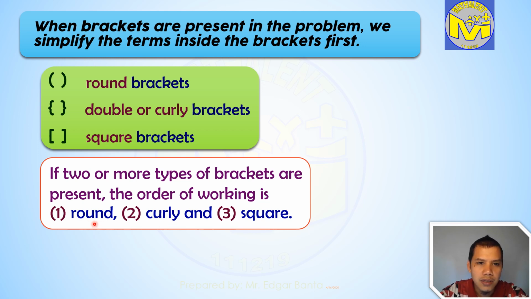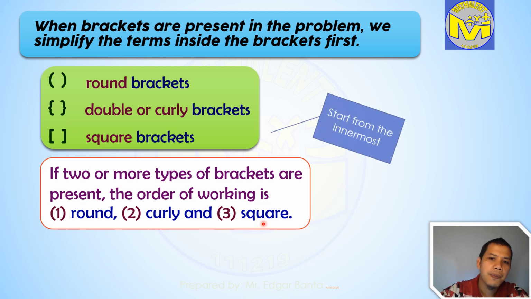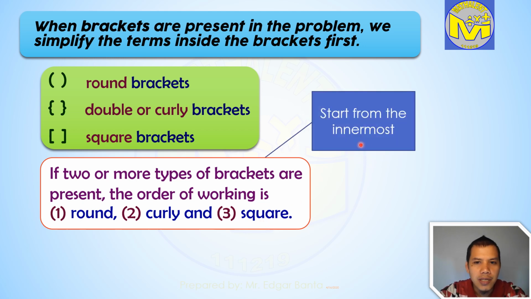Okay, it means do inside a round bracket, and then followed by doing the inside the curly brackets, and then finally inside the square brackets. Okay, in short, start from the innermost bracket. Okay, I'll show you examples.